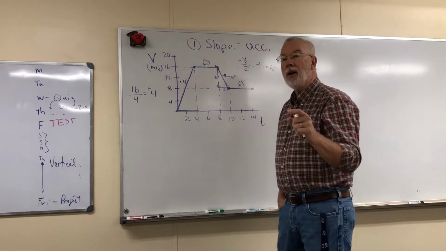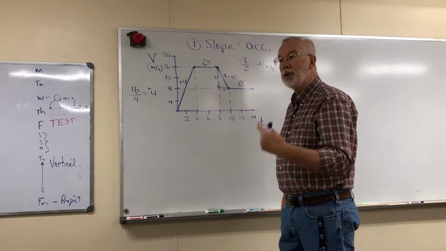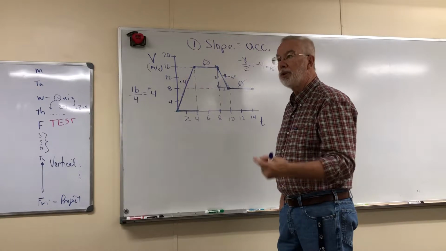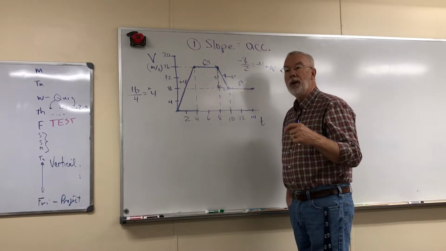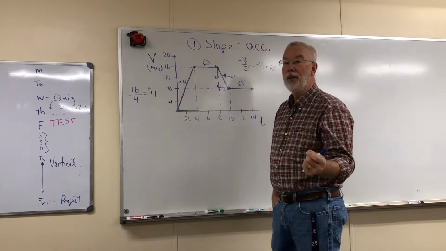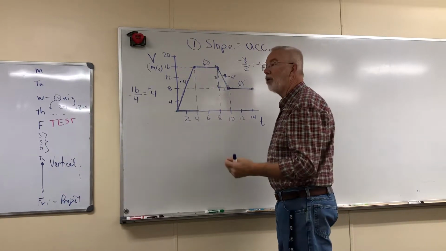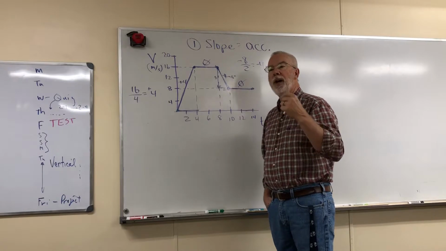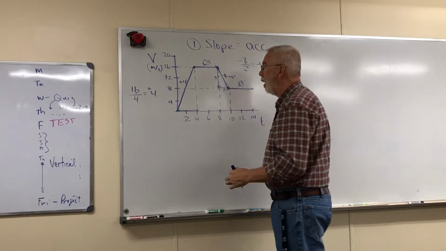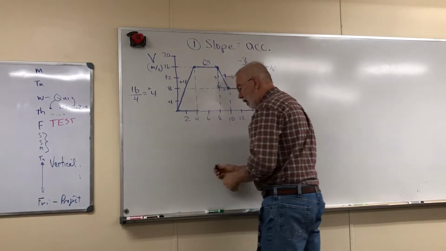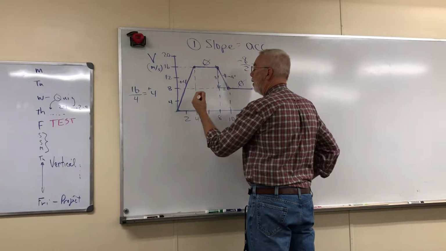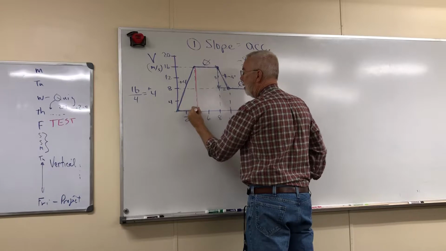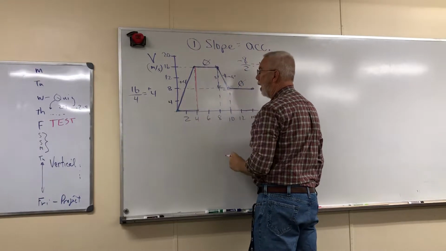Now, like on the other graph, one of the questions was, what was the total distance traveled? Well, there's a particularly interesting way to solve that, because we're going to solve for the area under the line. And so let me grab a different color real quick so you can see this a little clearer. If we come down here, you can see that we formed a triangle.